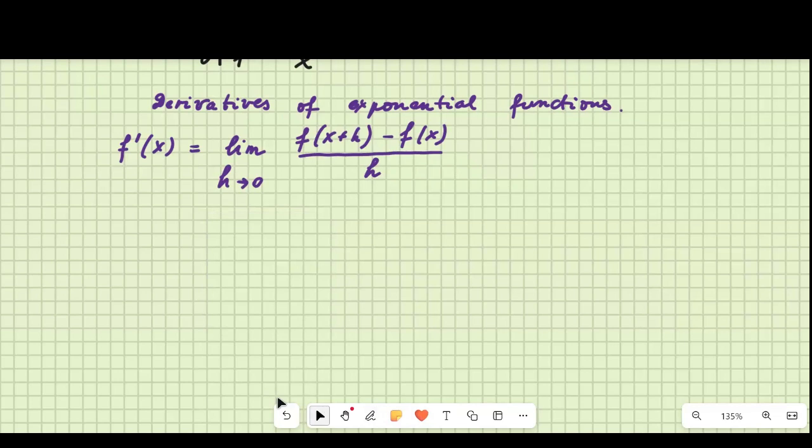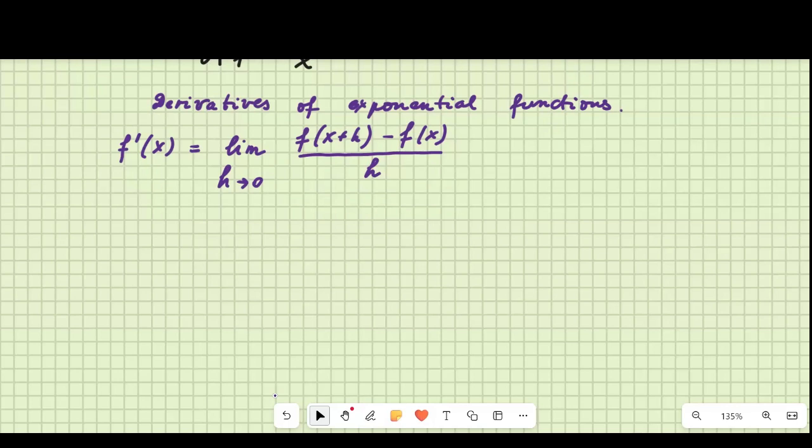And we remember what this actually is: the derivative is a limit of secant lines. This is the slope of the secant line which goes through the points x and x plus h of the function. And if we take the limit of this h, or make this step from the point x infinitely small, instead of a secant line we are going to have a tangent line, and the derivative is actually the slope of the tangent line, right?